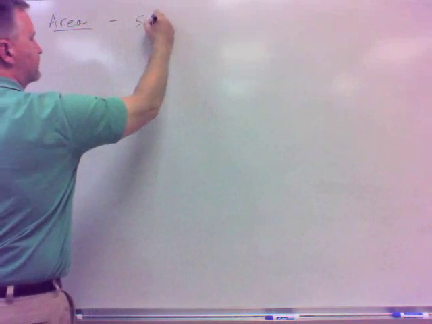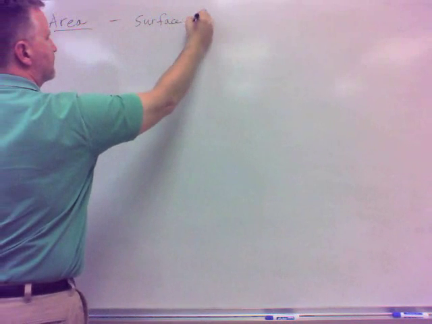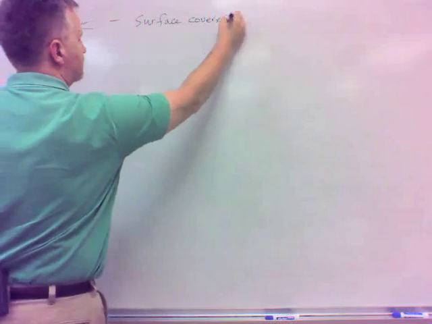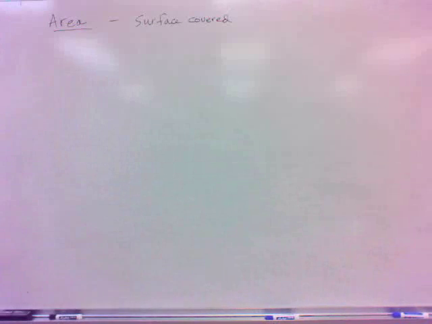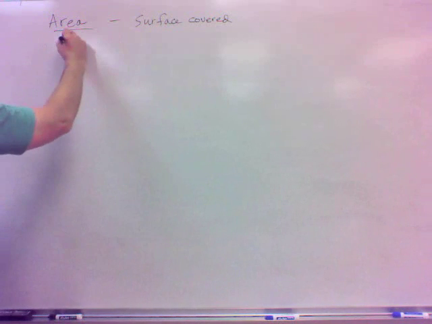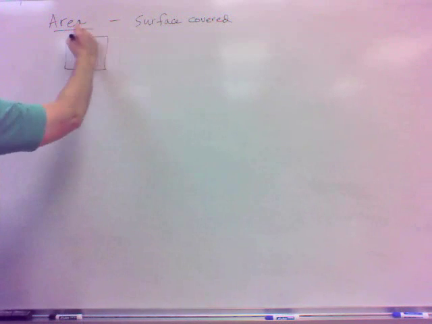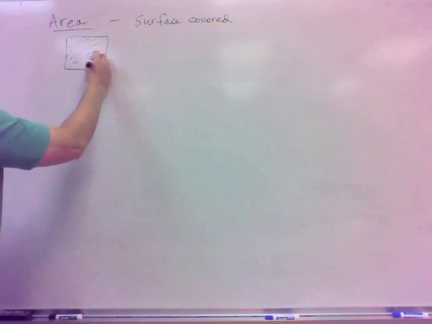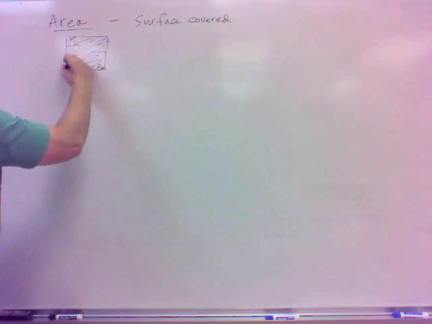Surface covered, one way to put it. What's on the inside is what we're talking about, instead of the outside. We're talking the inside. And what is that covering right there?